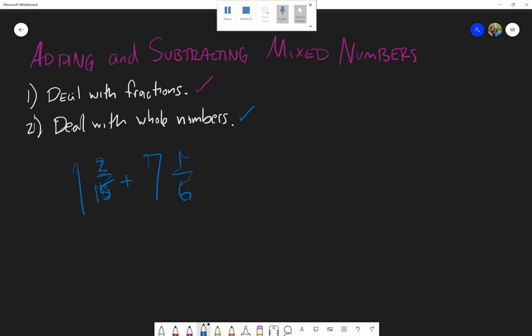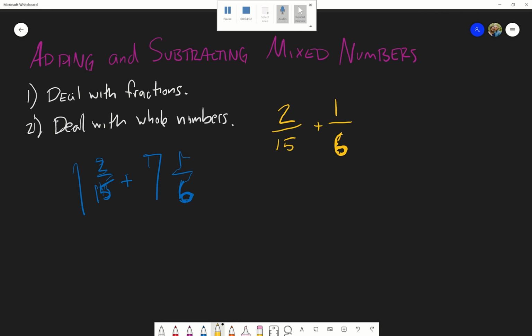My pen is not working very well, but that is 7 1/6. So, first thing I'm going to do is deal with my fractions. I have 2/15 plus 1/6. Remember, I have to have same denominators.